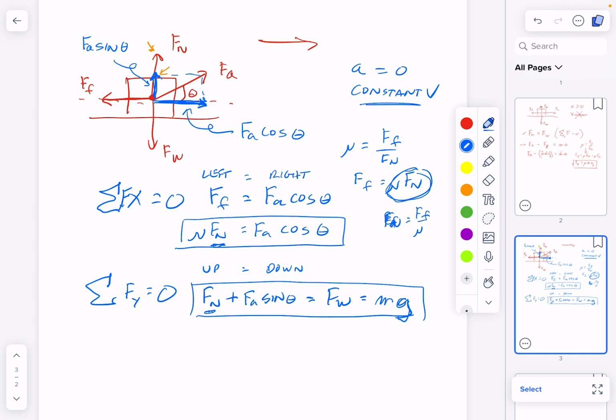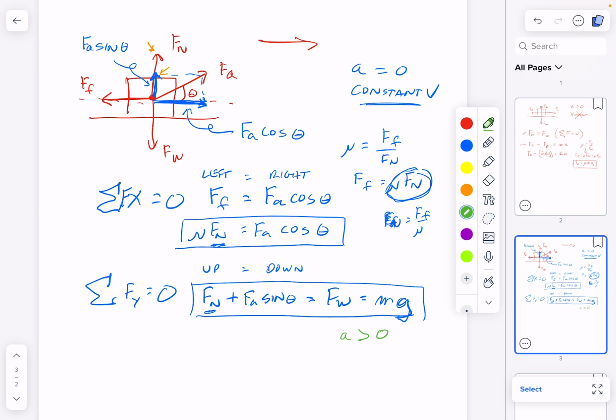Now, let's change things around a little bit. And let's say that we're going to be accelerating to the right. So if we're accelerating to the right, and let's change colors here, let's go with green, acceleration is greater than 0. That means my velocity is not constant. My velocity is going to be increasing as well.